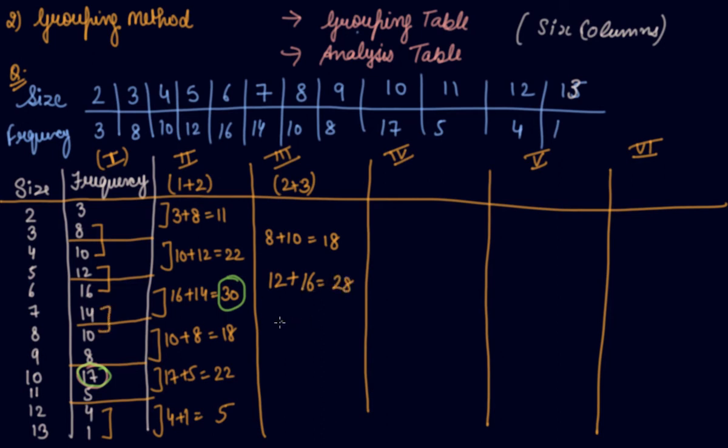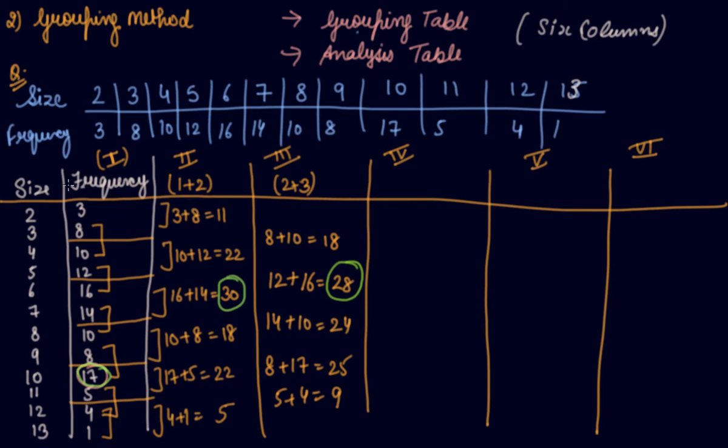Then 14 plus 10, then 8 plus 17, then 5 plus 4, 9. We are left with the first frequency, which we don't take because it is a single frequency left. So the highest frequency in the third column is 28, and we'll mark the 28.